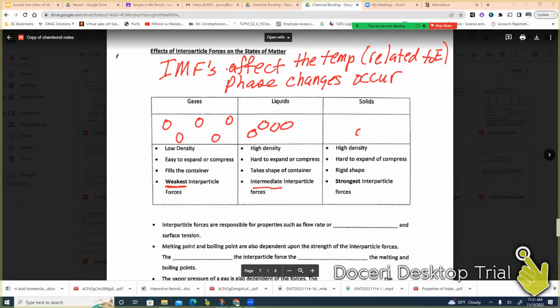And then the solid, draw those real close together. Remember, if you're drawing a solid, it probably needs to be at the bottom. Usually that's where a solid's going to exist. So these are the ones that have the strongest IMFs. And they also are high density, more high density than the liquids, and once again, cannot really be compressed or expanded.